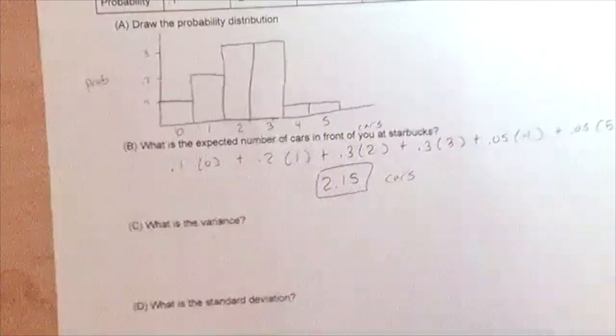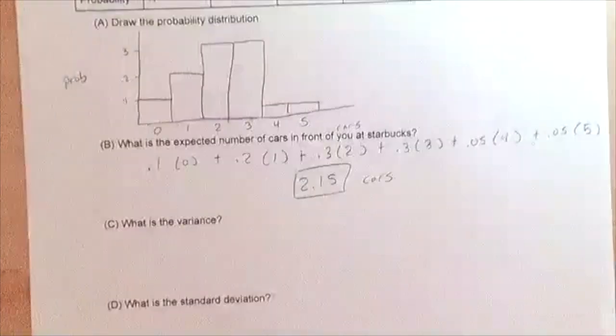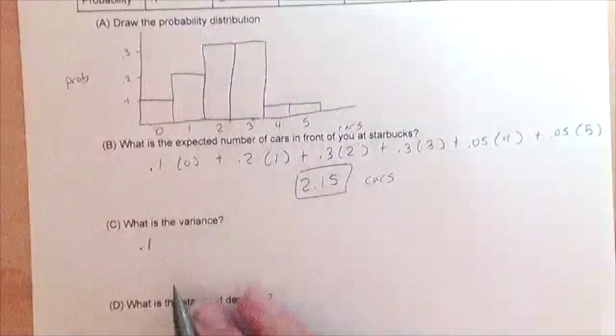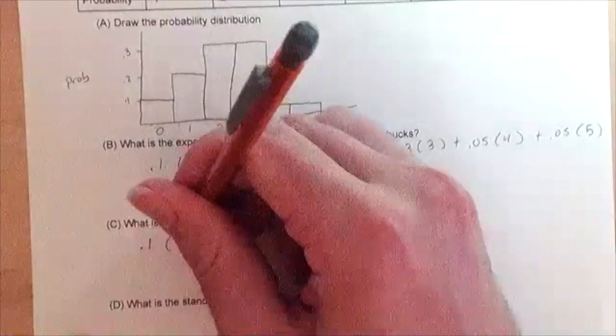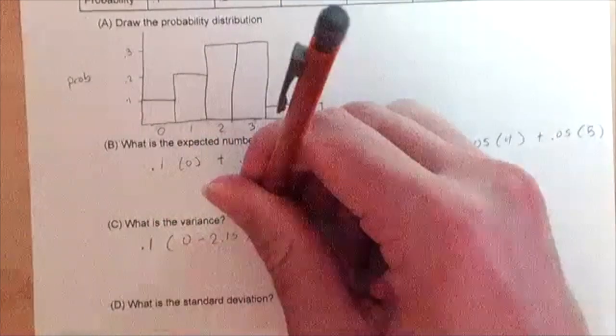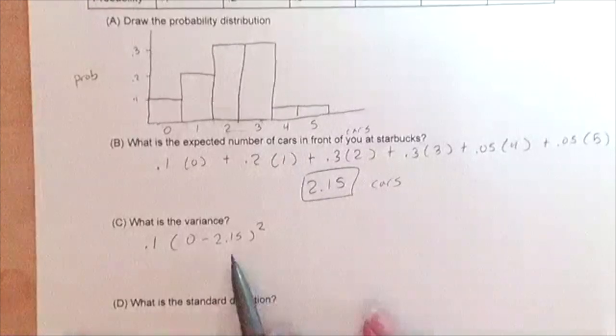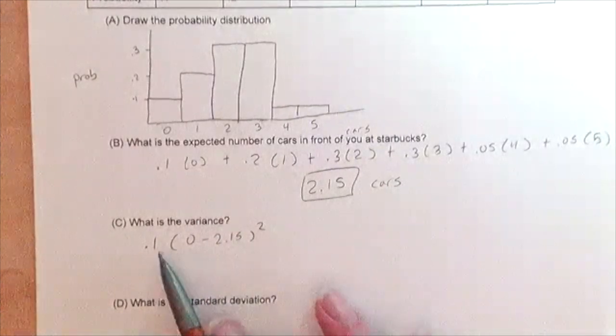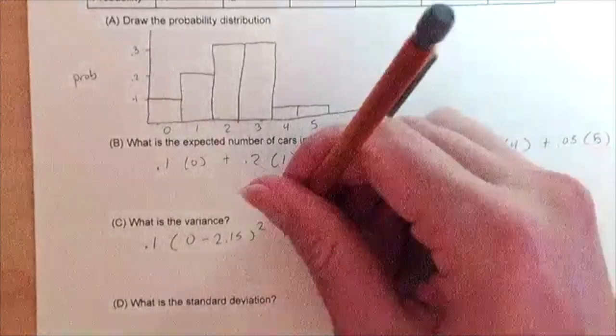But I like doing it again because it's good to just kind of remember what standard deviation is all about. You're just going to take every percent and multiply it by the distance that point is from the center, right? 0 is 2.15 away, and we weight it by 0.1. So we do that for every single point.